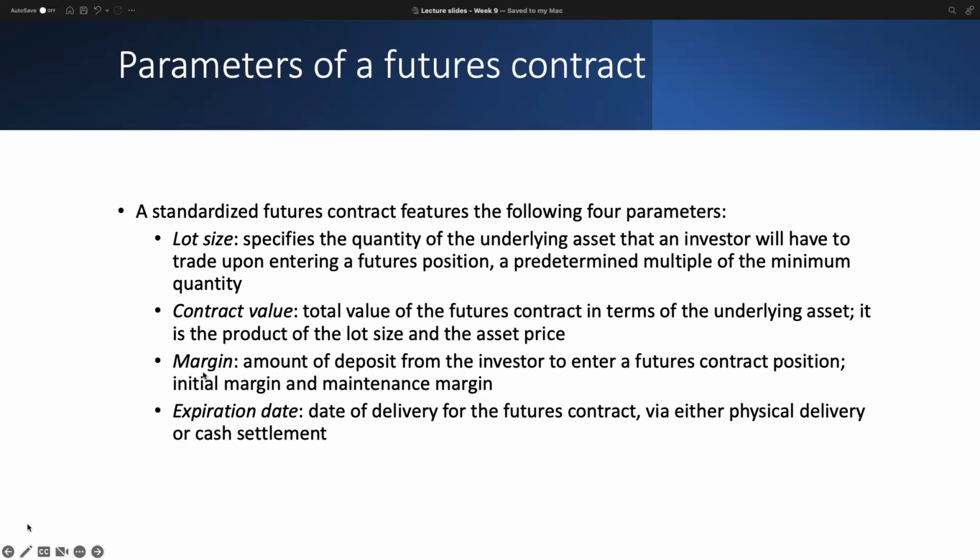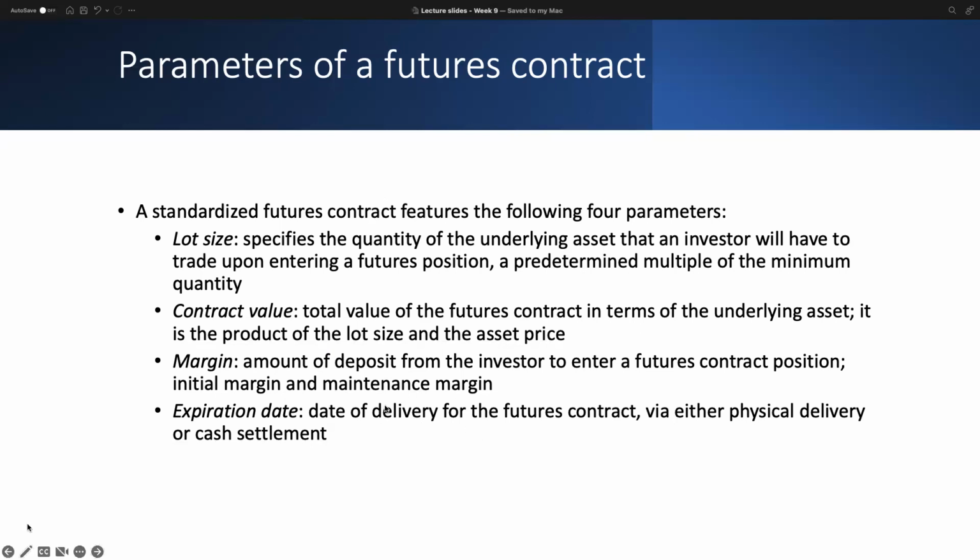We also have a margin, which means the amount of deposit from the investor to enter a futures contract position. This is the initial margin. We also perform the so-called daily settlement, which means every day we check the asset price and make certain adjustments to the margin account.